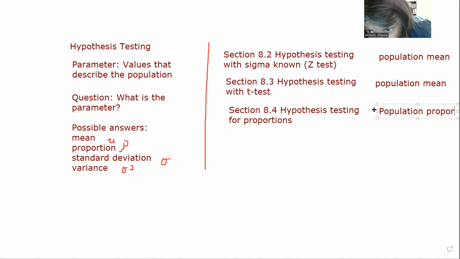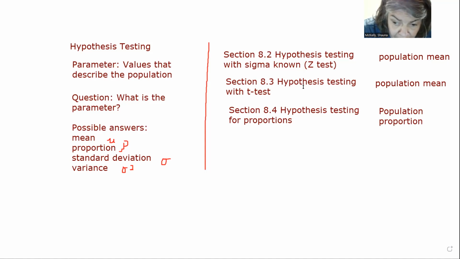That's as far as we've gone. 8.5 is going to discuss variance and standard deviation. The reason we don't have a flow chart for 8.4 is we only have one test for population proportions. We have two for means.